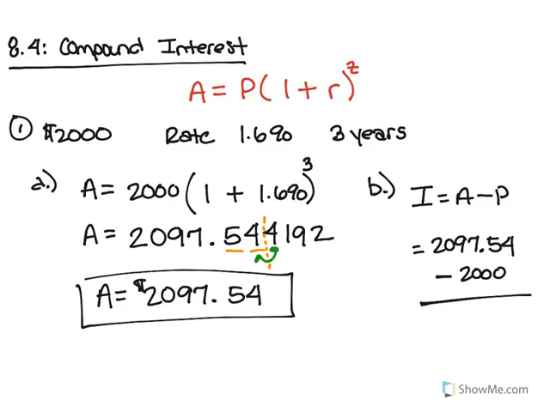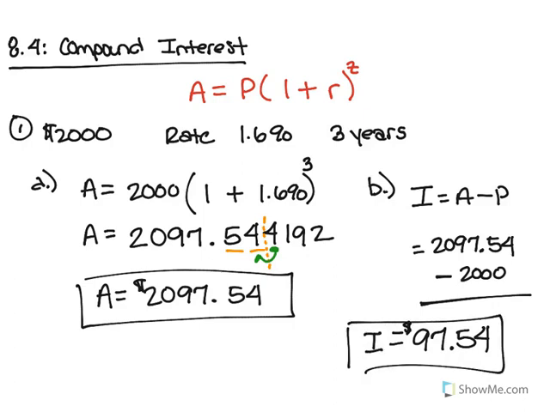What we got? $97 and what, 54 cents? That's your interest. Very good. Do y'all see that?